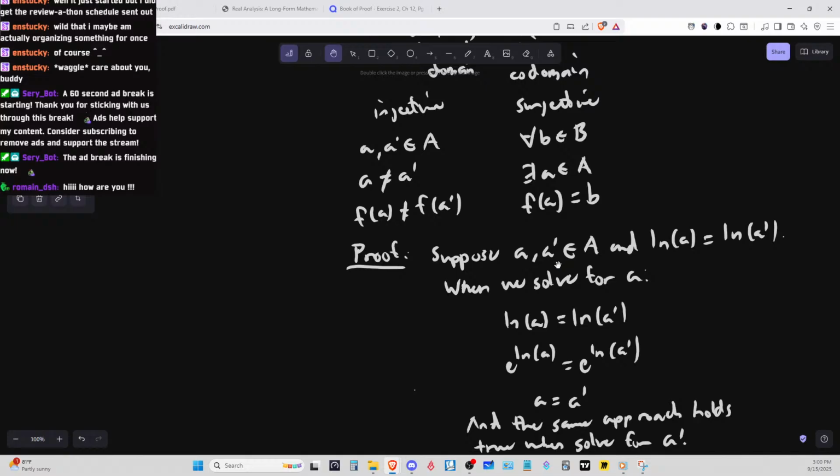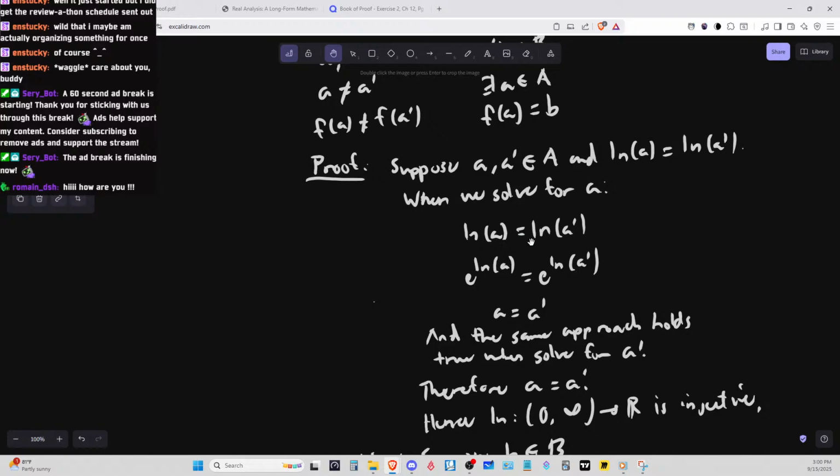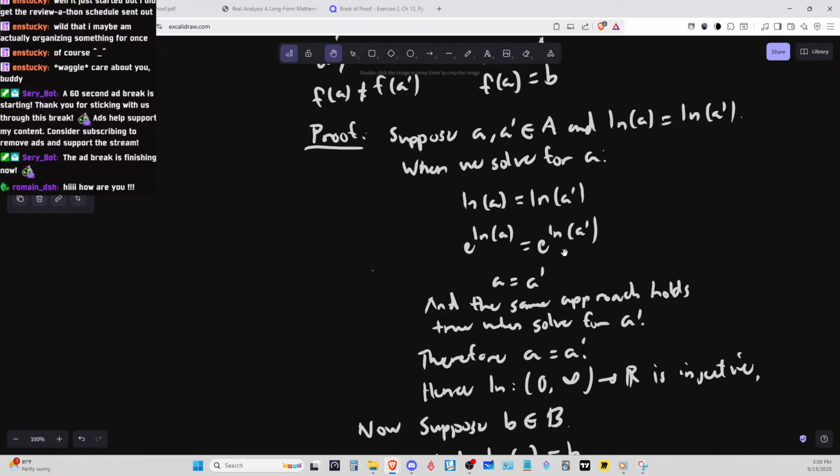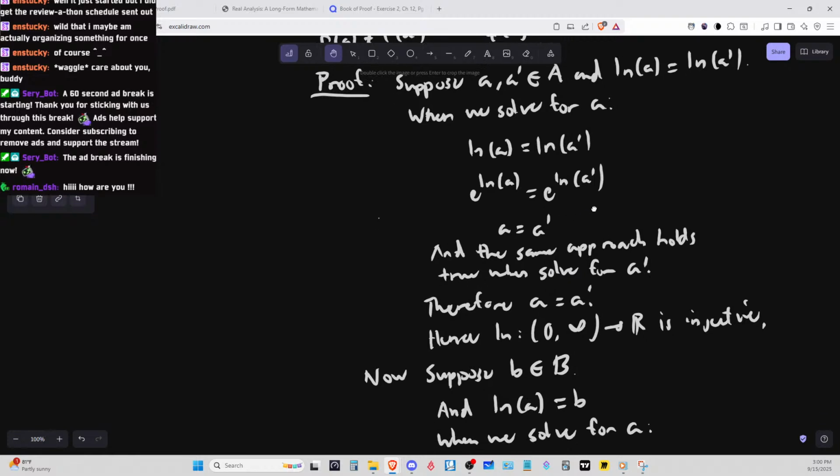It's like A and A prime is in A, and made this equal here, so when we solve for A it ends up like this, and we solve for A prime, it comes out to be the same.